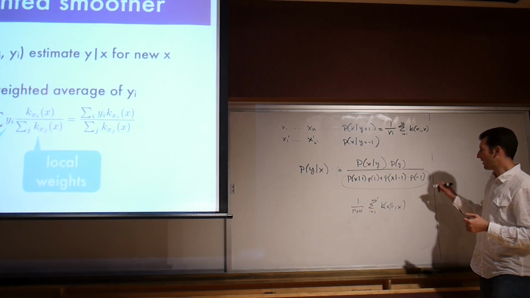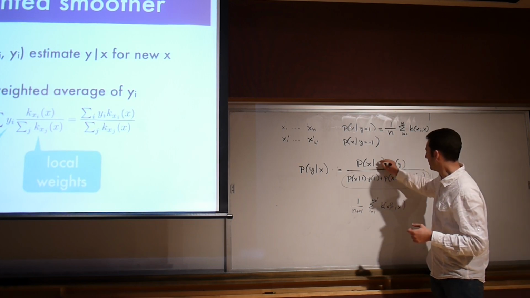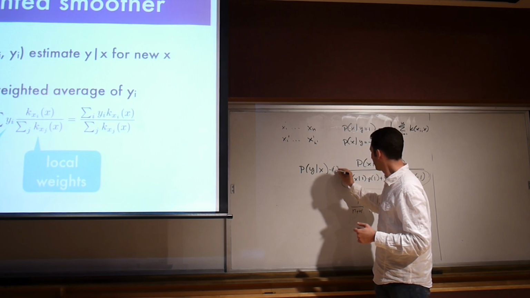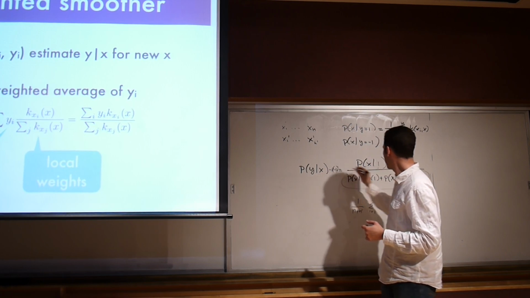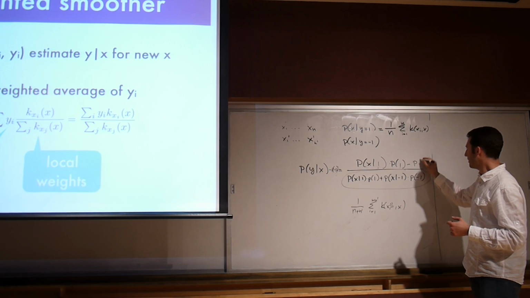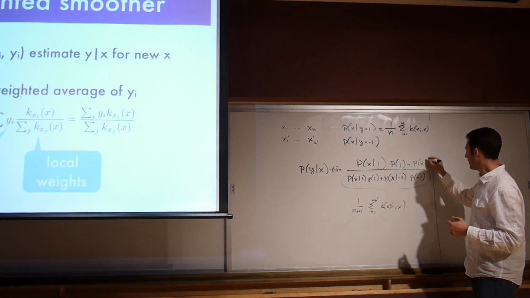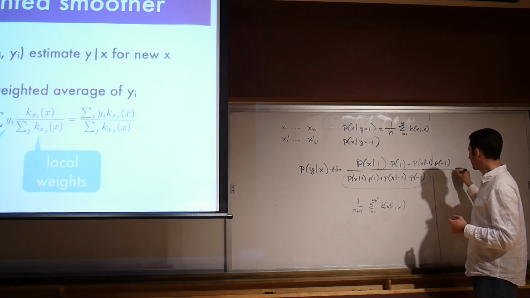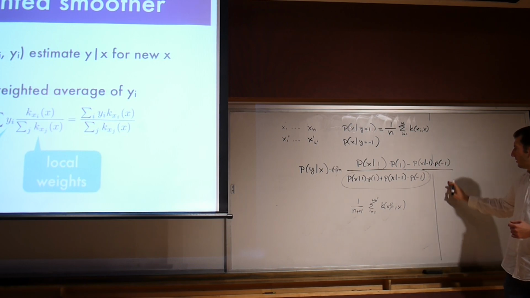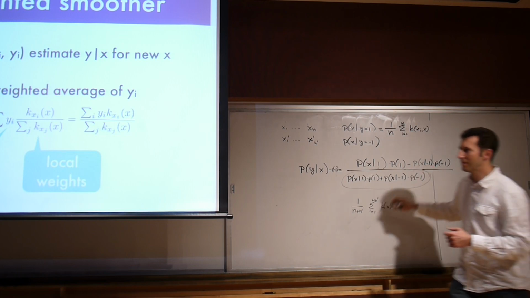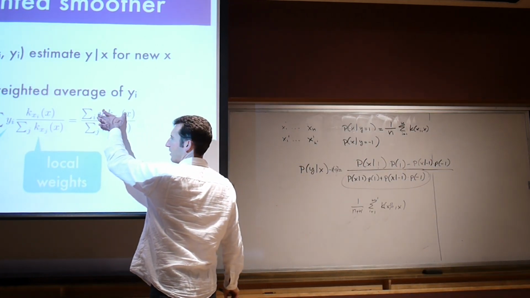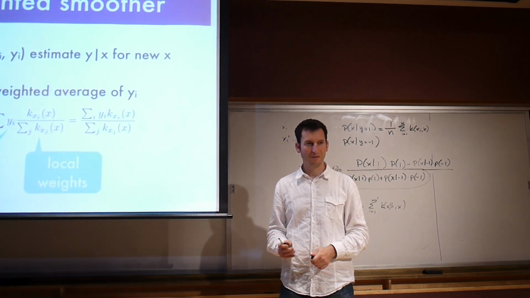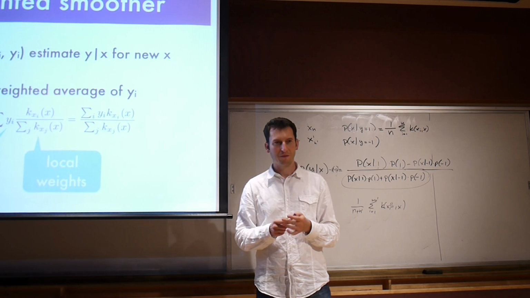So I can write this as p of x given 1 times p of 1, minus p of x given -1 times p of -1. Now, this can be written exactly as the numerator. And we have the Parzen Windows classifier. That's how you can derive it.